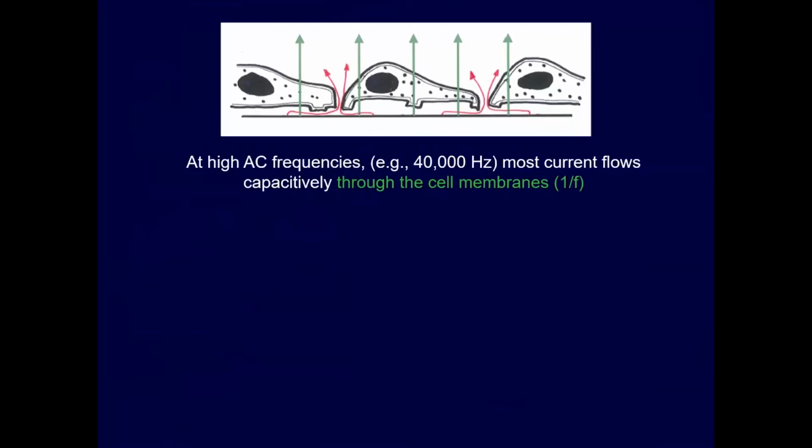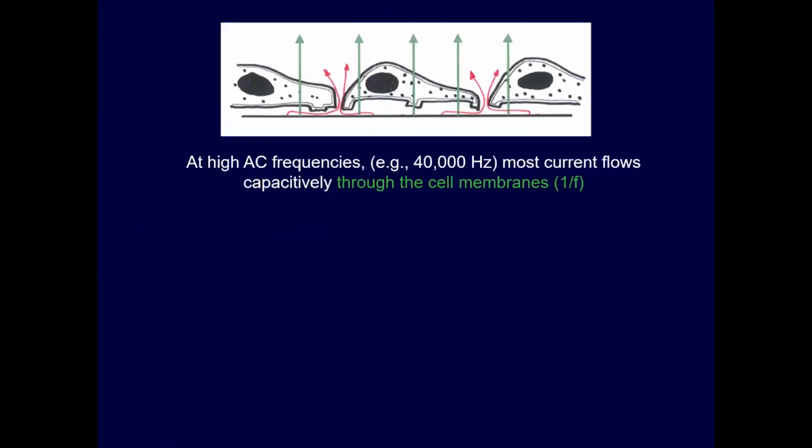The red arrows indicate current flowing through the solution under the cell and through the paracellular space, whereas the large green arrows are indicating that current can couple capacitively through the membranes. At high frequency, this path through the membranes becomes very low in impedance, low in reactance, and most of the current will choose that path.